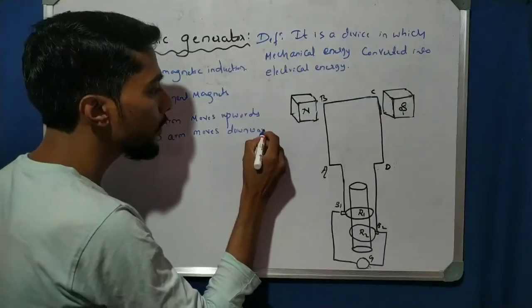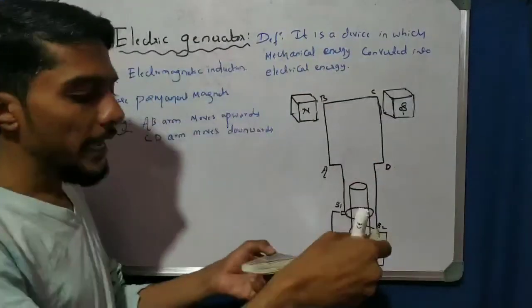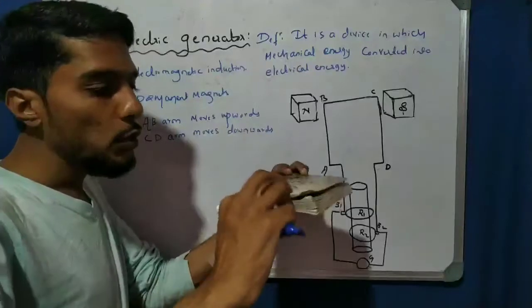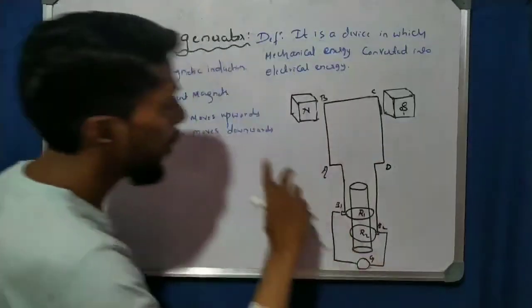Right, students? One is moving upward, so the other is downward. So the rotation starts here, and we observe that it is a clockwise rotation.